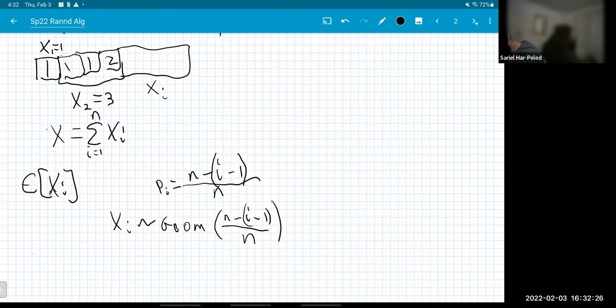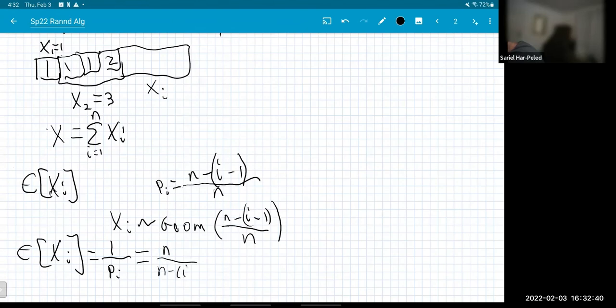And to remind you, the expectation of Xi, since for a geometric variable it is 1 over the probability of success, is, of course, n divided by (n minus (i minus 1)), which is, of course, 1 over 1 minus (i minus 1) over n.